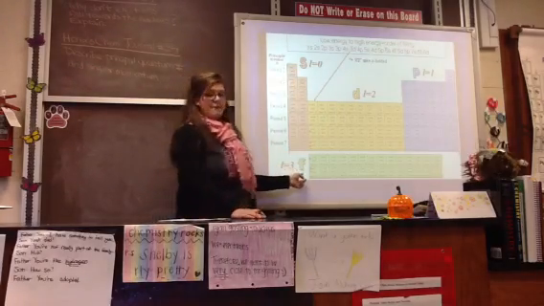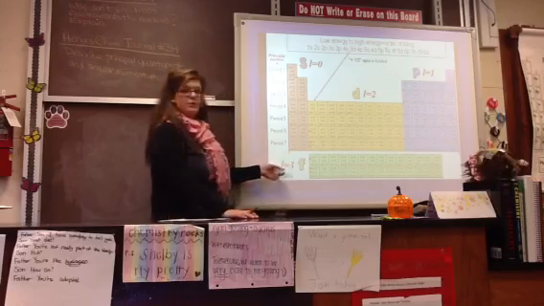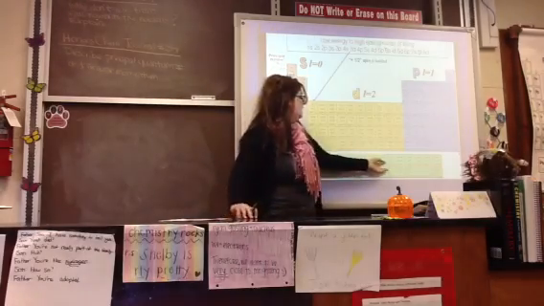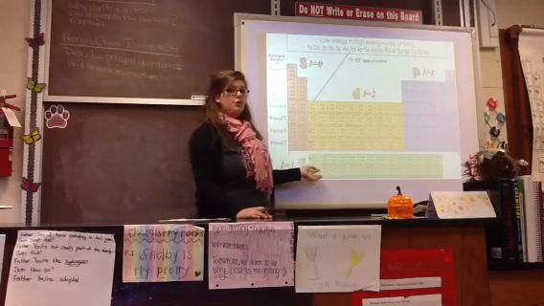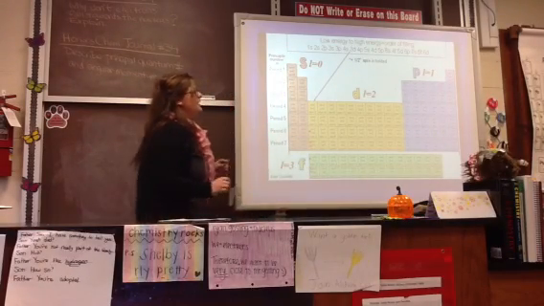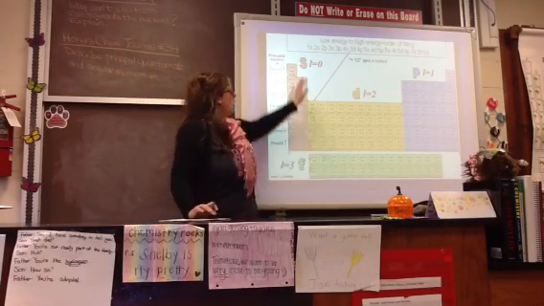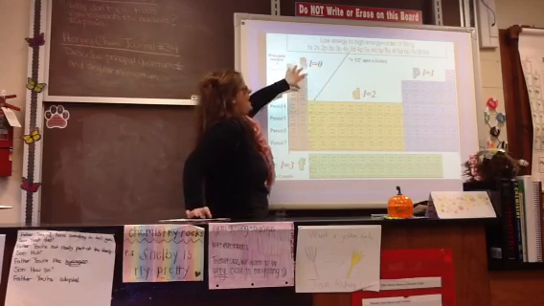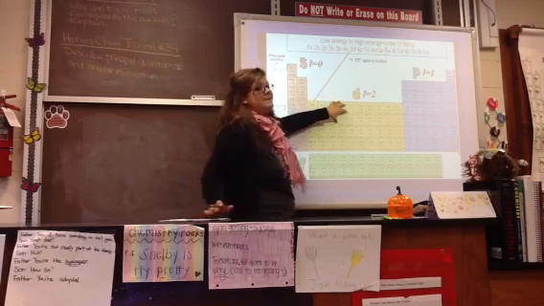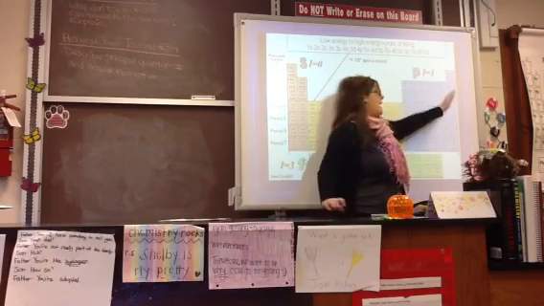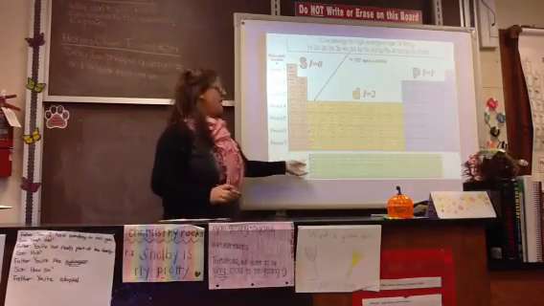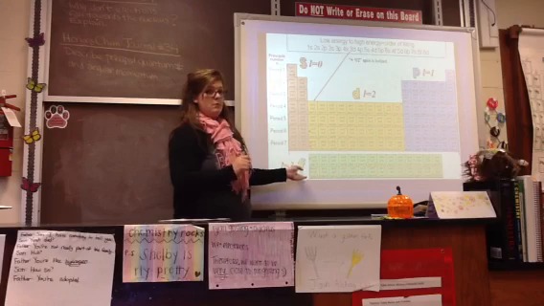And when L equals 3, we're in the F orbital, somewhere in these bottom 2 rows. So make sure that you label on your periodic table S, the first 2 columns, D, the transition metals, P, 3A through 8A, and then the rare earth metals would be F.